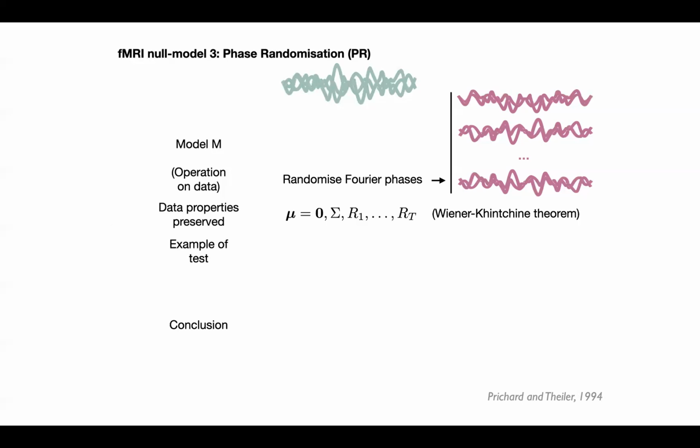And here, again, it's not very complex to show this, but it's not trivial either, to show that when we do phase randomization, essentially what we preserve is the complete autocorrelation structure. So we preserve the mean, the correlation, so static correlation, and all the autocorrelation structure from R1 to RT.